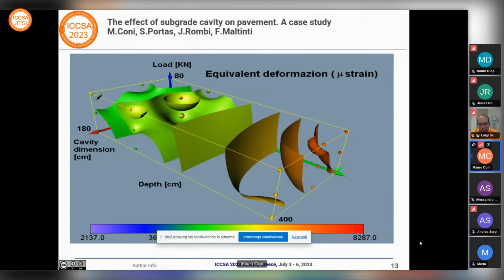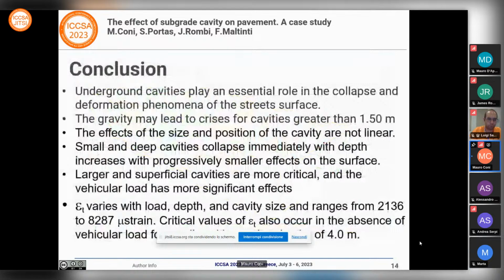There is not one solution or one safe position or size of the cavity, but a complex interrelation among all these aspects. In conclusion, underground cavities play an essential role in the collapse and deformation phenomenon.